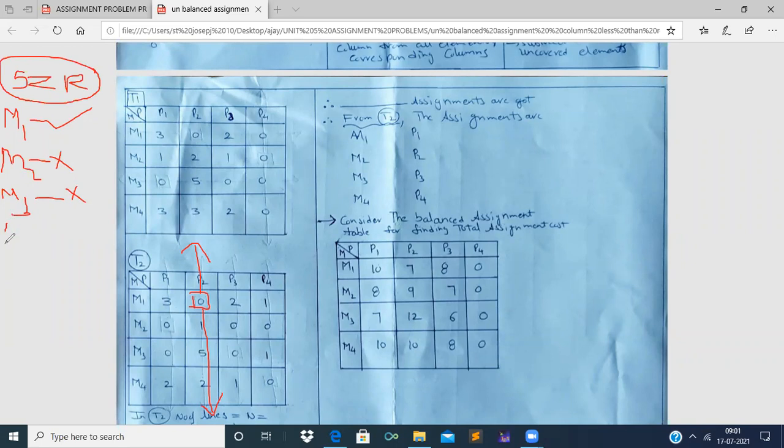And let us go for the M4 row, fourth row. As this M4 is containing a single zero, we put this zero in a box, that is we are giving assignment to this zero, and we strike off the column in which this assignment is given. That is, we have struck off this P4 column.